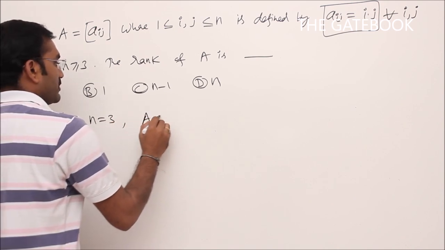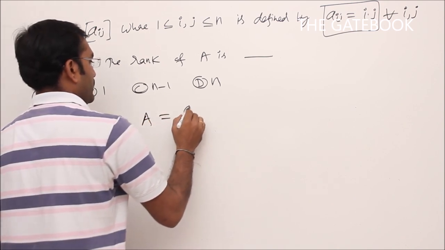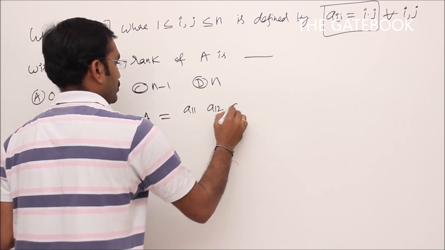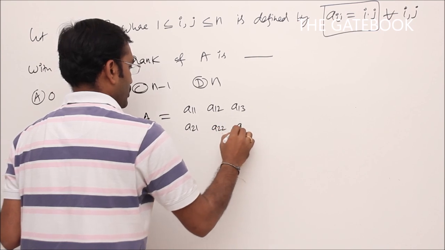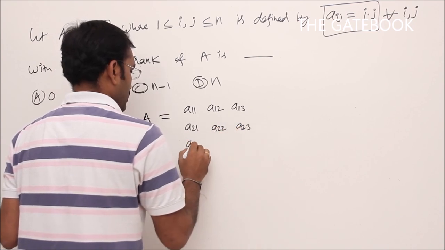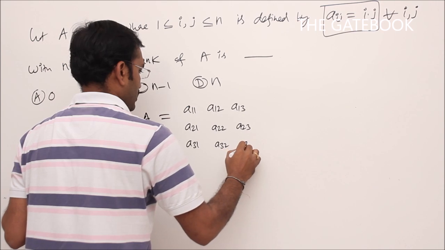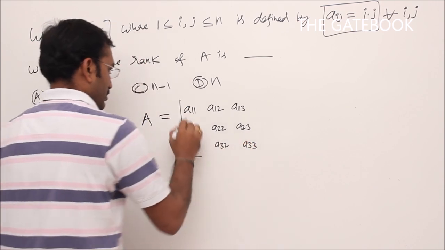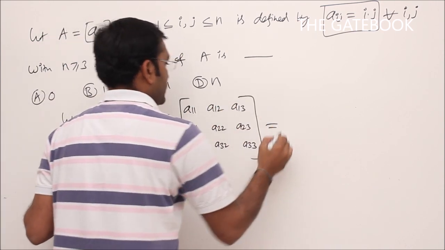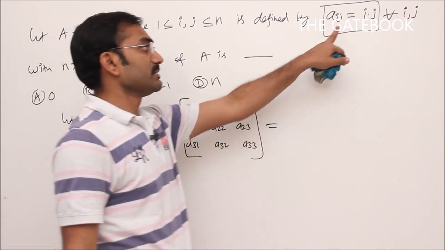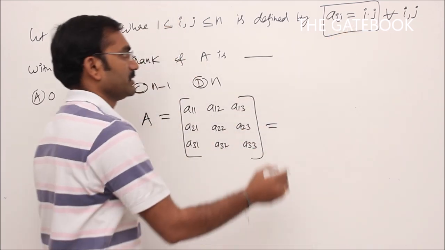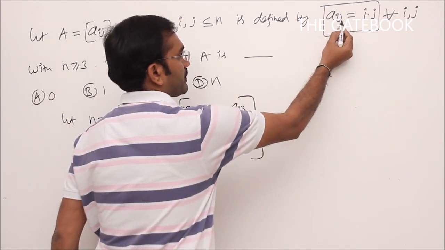Then what about elements of A? Elements of A will be A11, A12, A13, A21, A22, A23, A31, A32, A33. So apply that condition: elements of matrix A satisfy a_ij is equal to i into j, where i represents the corresponding row number and j the corresponding column number.